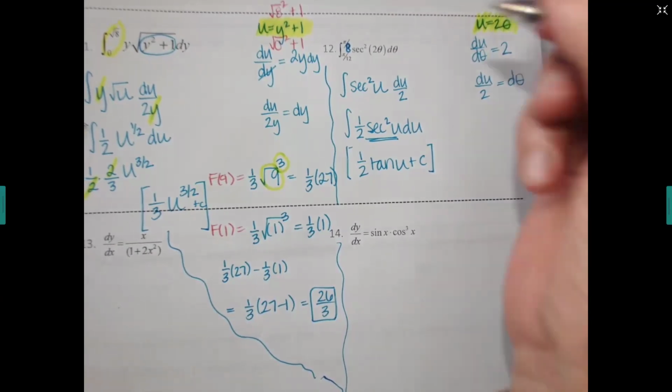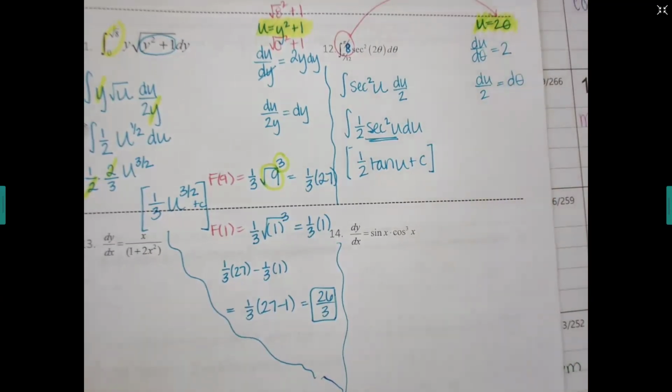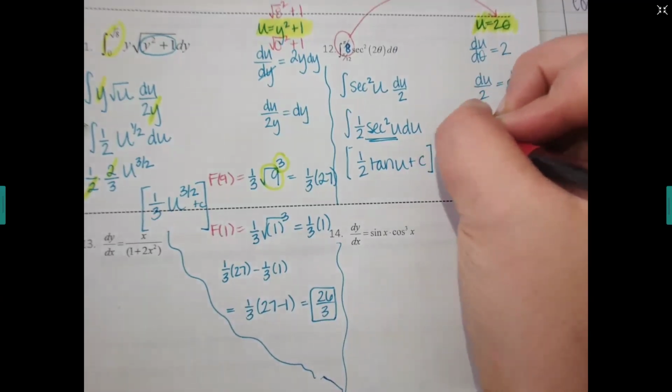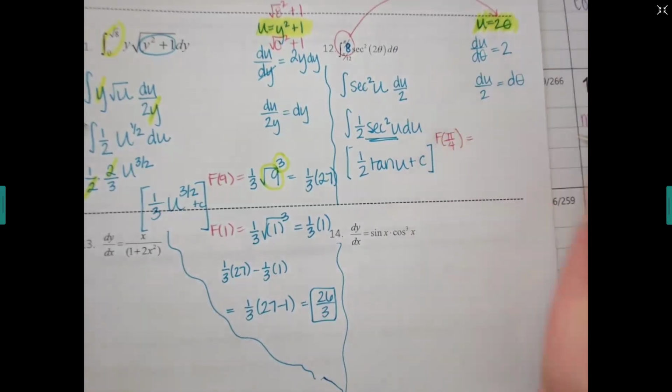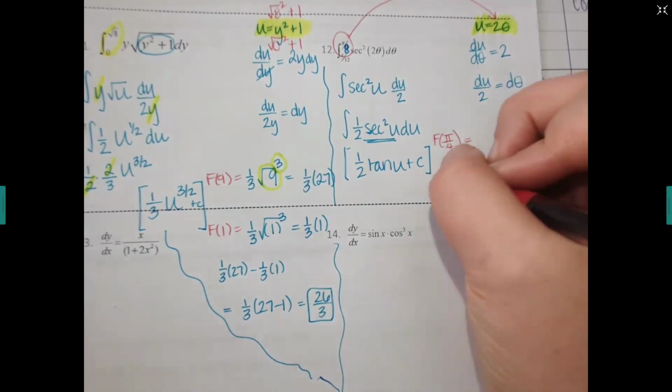If I plug it in right here, now it'd be 2 pi over 8, which is the same as pi over 4. Let's do the same thing for the bottom. I had pi over 12, but I have to plug it into the 2 theta, so now it's 2 pi over 12, which is the same as pi over 6.